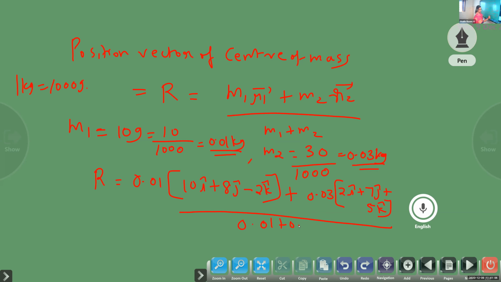I am writing this step; you can skip this step if you want.